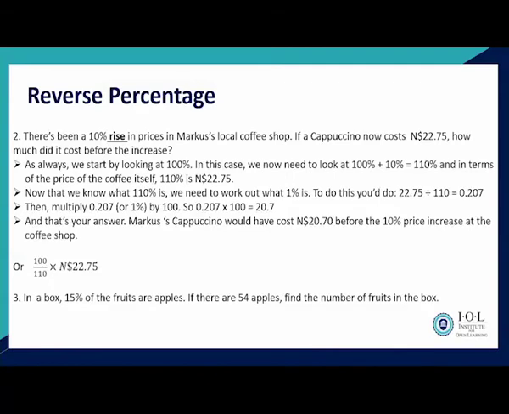If you work that out, it will give us the number of all the fruits in the box. There are other methods that you can use. Ratio: if 15% represents 54 apples, what does 100% represent? You can work that out and still get your answer, because 100% represents the whole box.